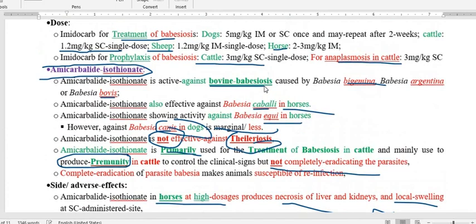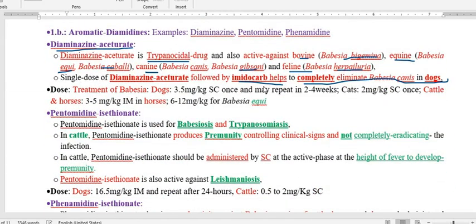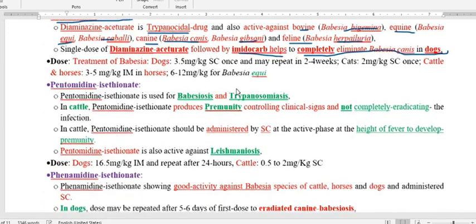Diminazene aceturate is also acting against Babesia canis, and therefore to eradicate Babesia canis from the dog completely, we are going to combine these two drugs, diminazene aceturate and imidocarb.